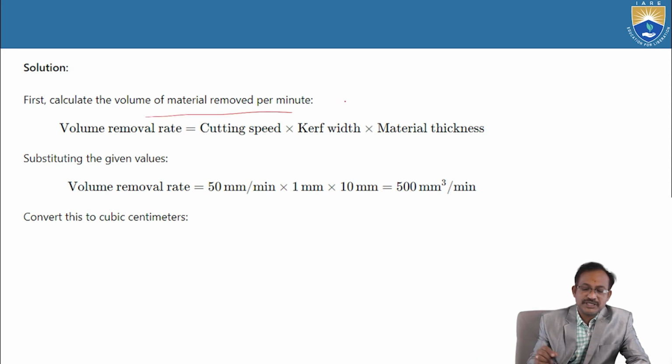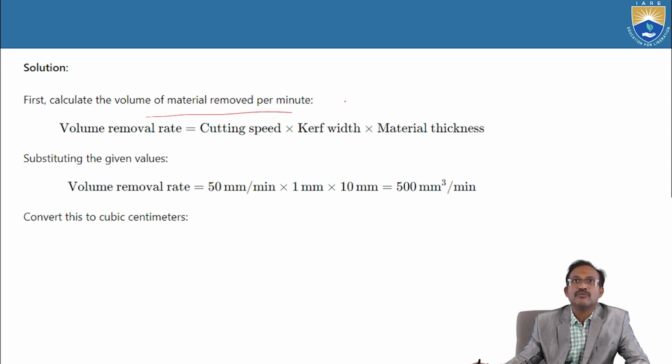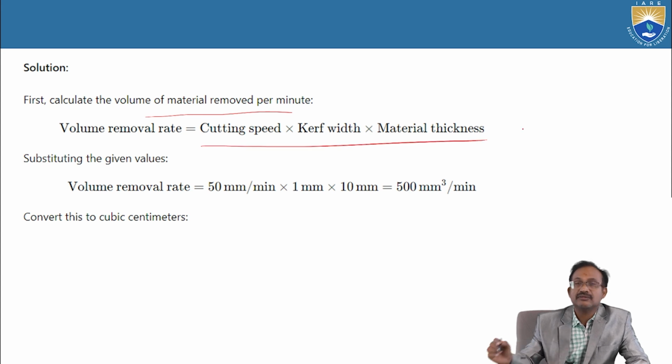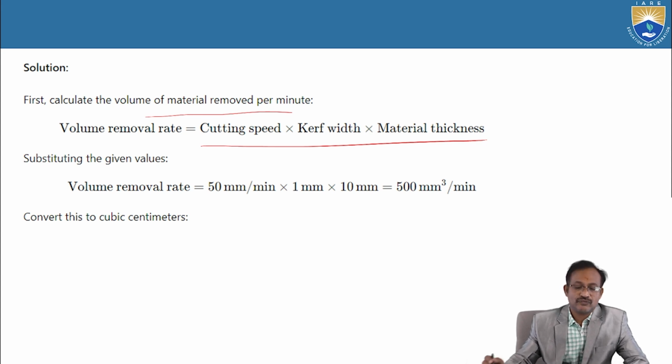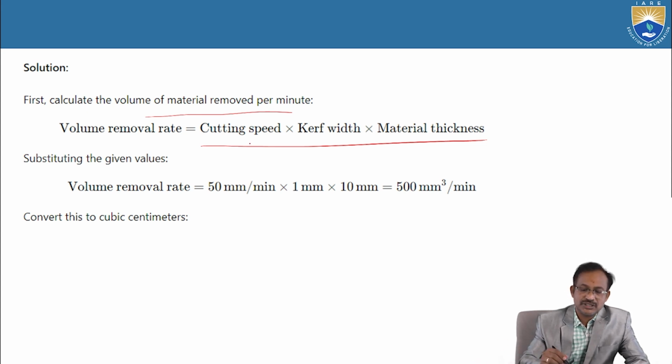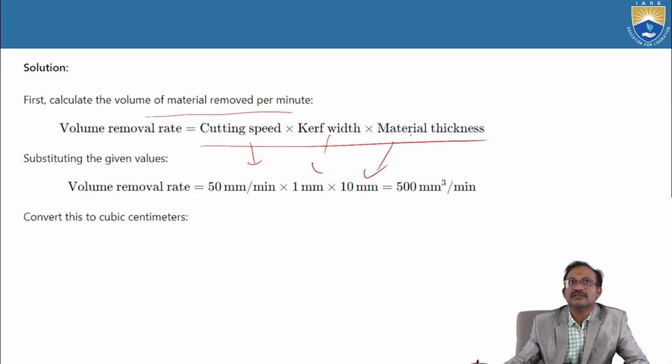In water jet machining, the volume removal rate is cutting speed times kerf width times material thickness. First we need to calculate the volume of material removed per minute, substituting cutting speed, kerf width, and material thickness, so that we get this value.